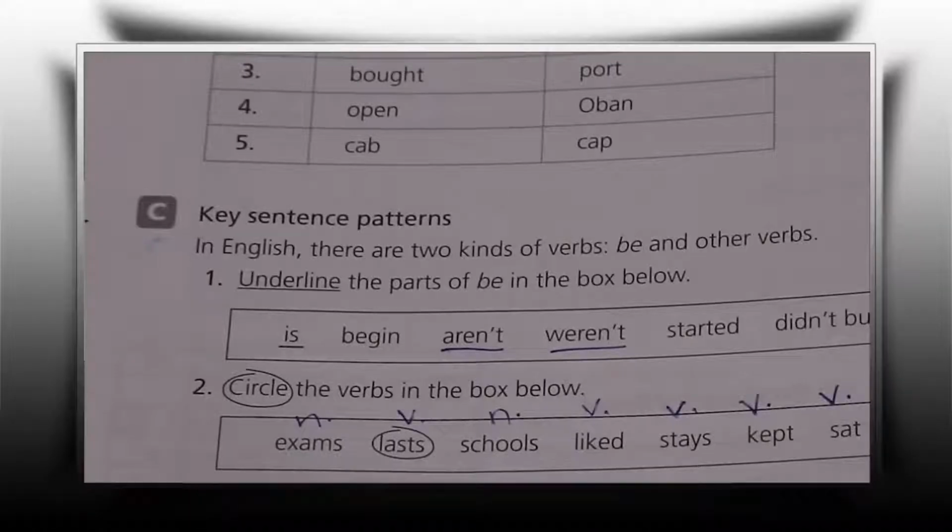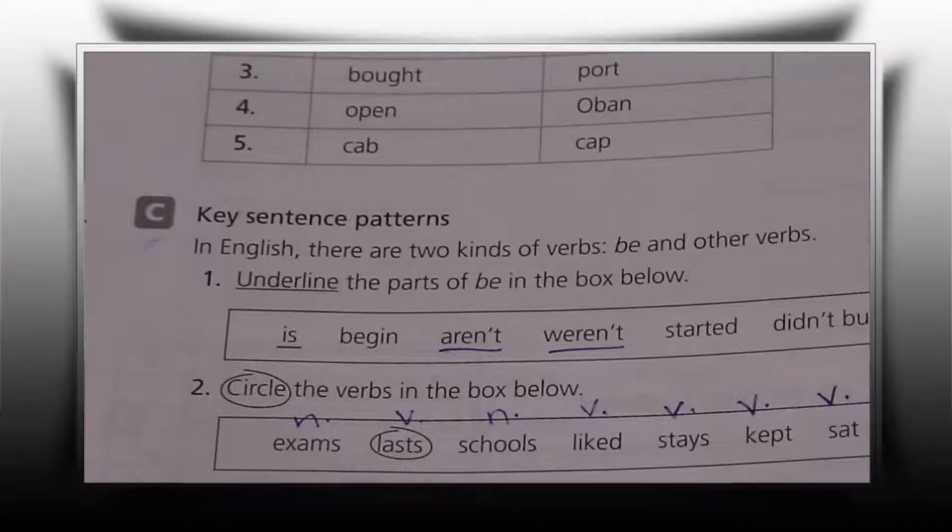Then we have the object. We can also have a predicate, which is not an object, for example, he is happy. He, the pronoun, is the subject, is is the verb, and happy, which is a predicate, is an adjective. Let's see page 14 in our book, and let's see the sentence pattern.